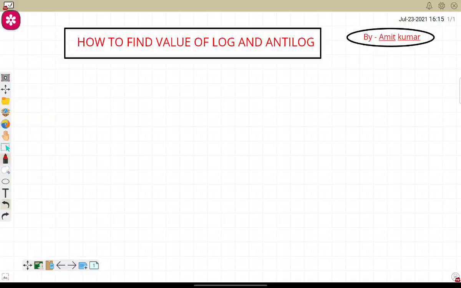In last class we discussed how we can express any number k in the form of k is equal to m into 10 raised to the power p.